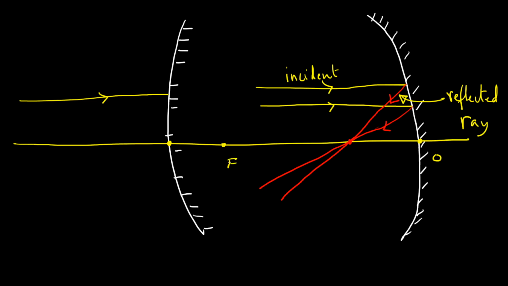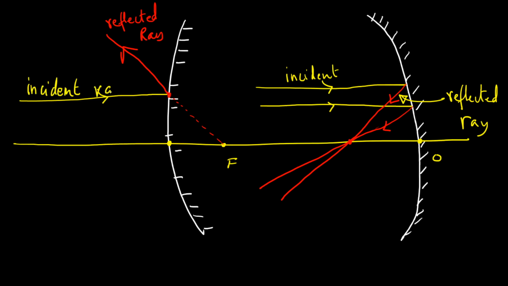Let's say the focus is here, then we're going to be able to predict the reflected ray very easily. You just join this to the focus, and then you extend the line. So this is the reflected ray, and this is the incident ray. So this is what we learned today.